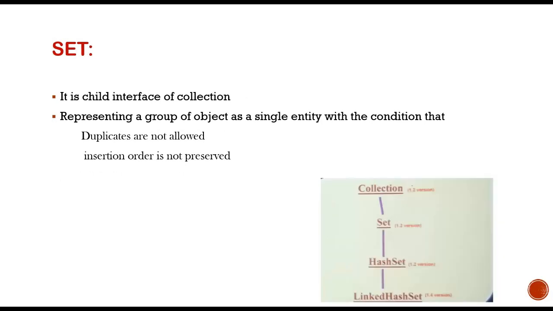Next we have a set. Set comes under the collection. Under the set we have hash set and linked hash set. It is a child interface of a collection representing a group of objects as a single entity with the condition that duplicates are not allowed, insertion order is not preserved.